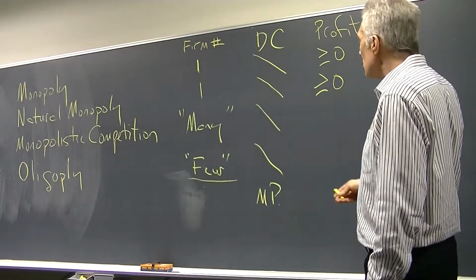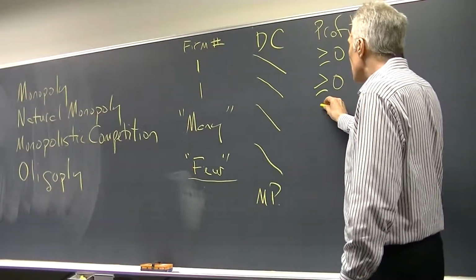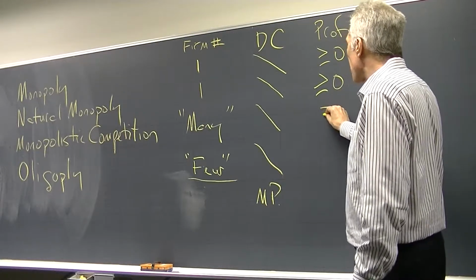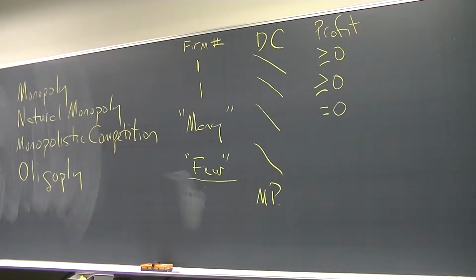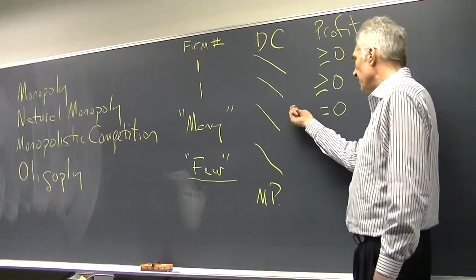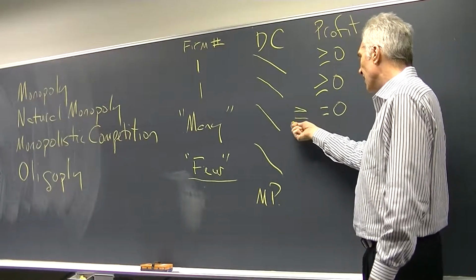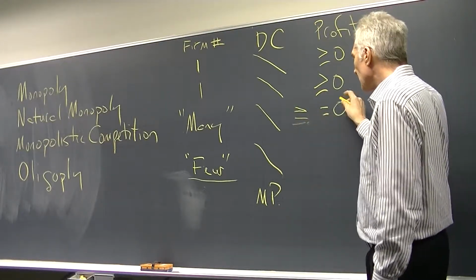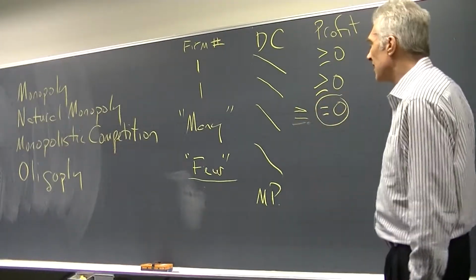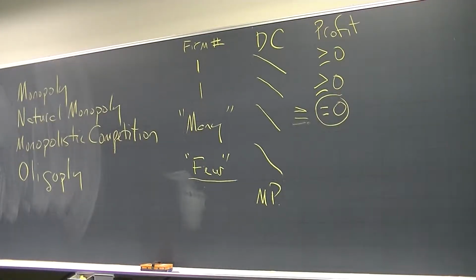Monopolistic competition could be greater than or equal to 0, but in the long run for most, it's typically equal to 0. It tends towards that.